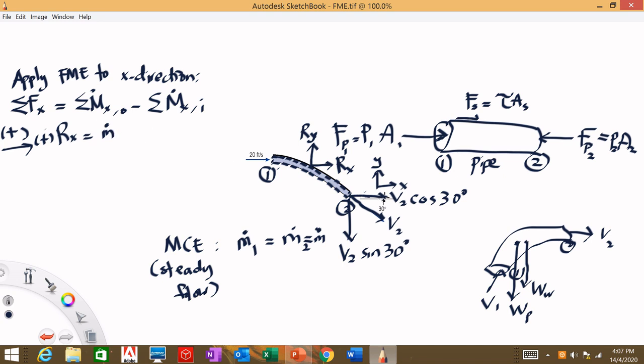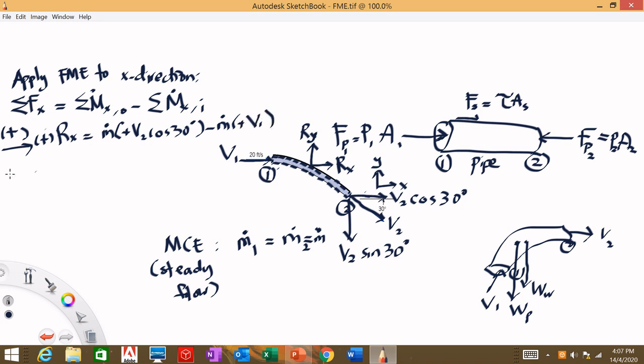It's going to the right, so it's positive. Minus, m dot is the same, at the inlet in the x direction we only have V1, going to the right, of course a plus.